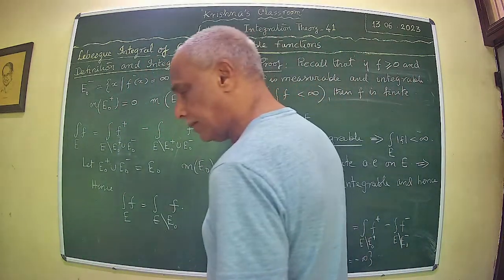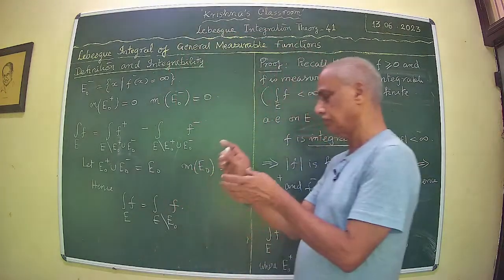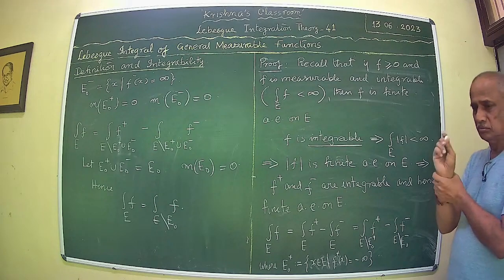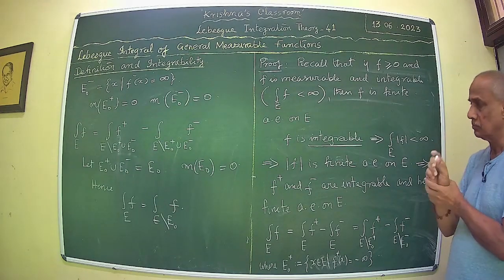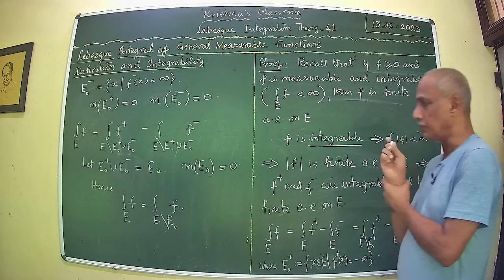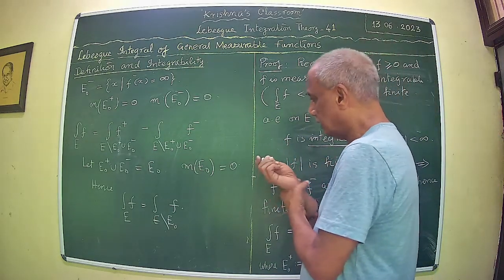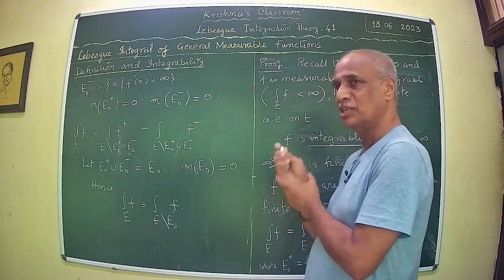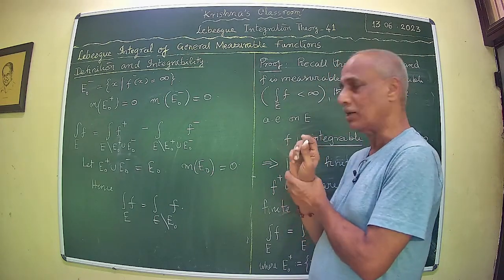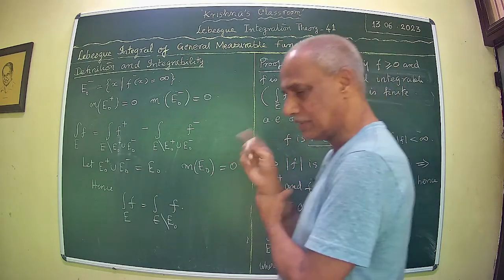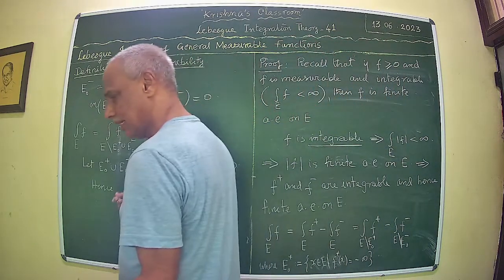So when we develop the general theory, we can assume that f is integrable over E and f is finite everywhere. There is no harm, because you can always exclude a set of measure 0 whenever we take the integral.